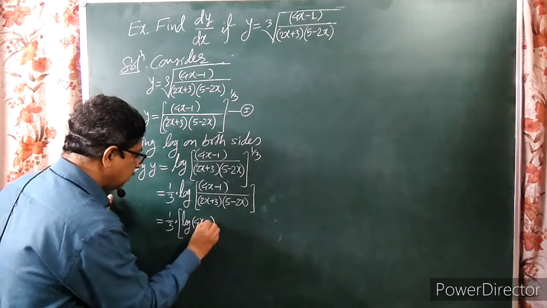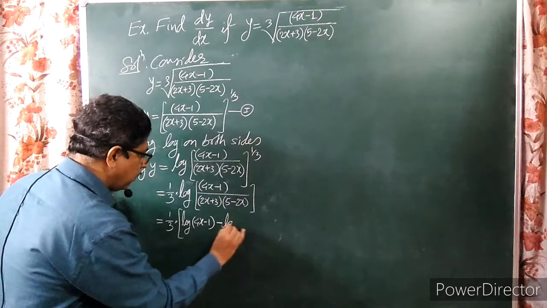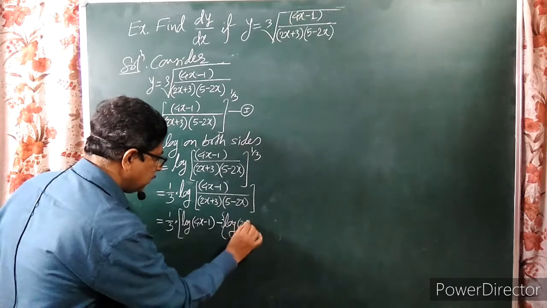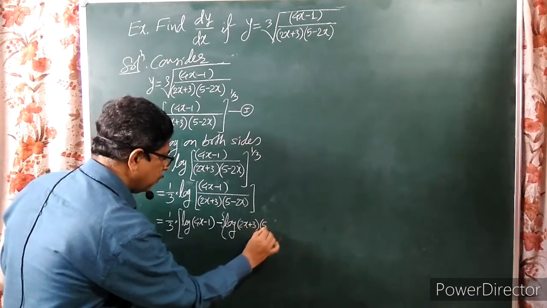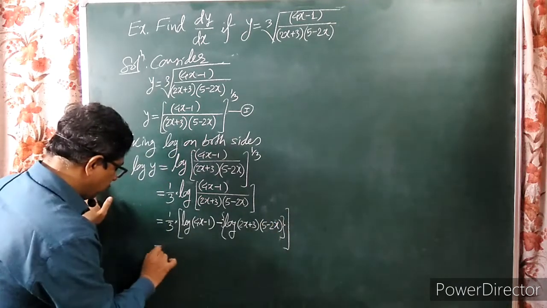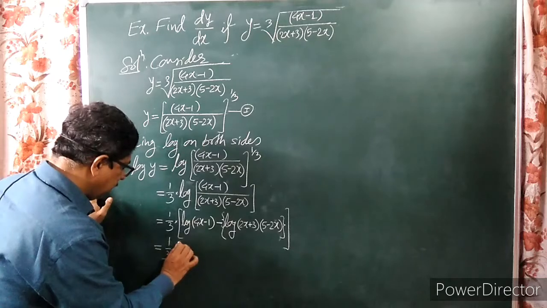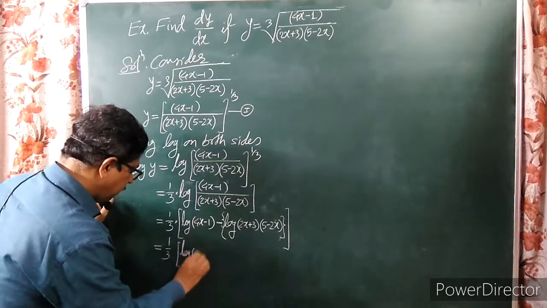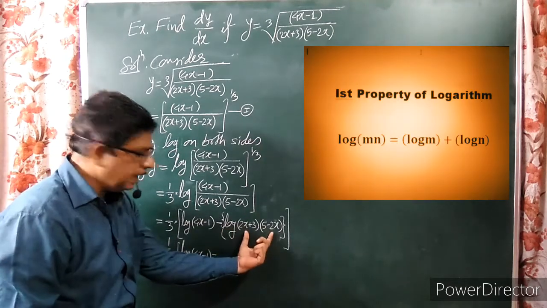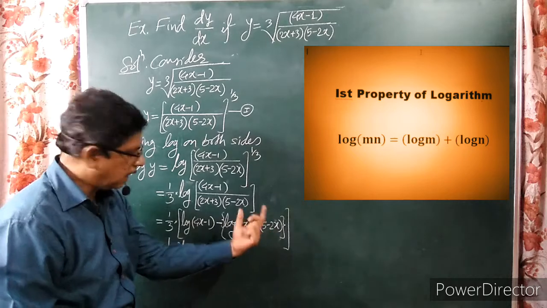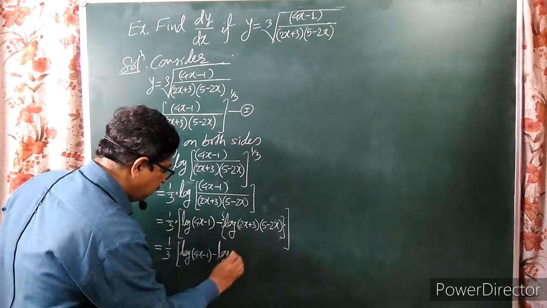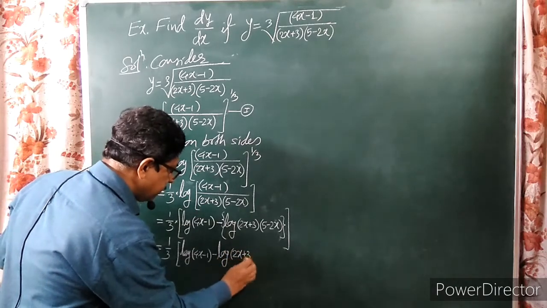4x minus 1 minus log of denominator 2x plus 3 into 5 minus 2x, which is equal to, पहिली property आपण वापरली, and this is log of 4x minus 1 minus, here use the property of log of m into n. तर हा होणार आहे log m plus log n, बाहेर मायनस साइन आहे, so we are getting this is log of 2x plus 3.